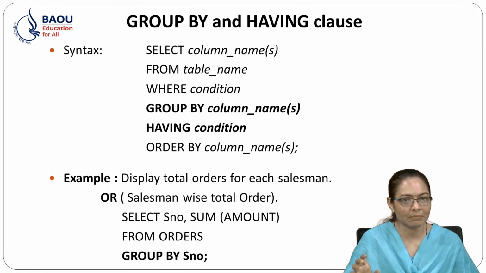Orders is the table name. Then group by S number, meaning salesman number. The salesman number is grouped, and after that the total amount of the order is displayed. So this query is used to display salesman-wise total order.